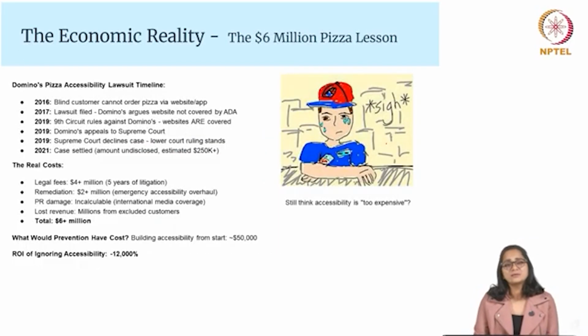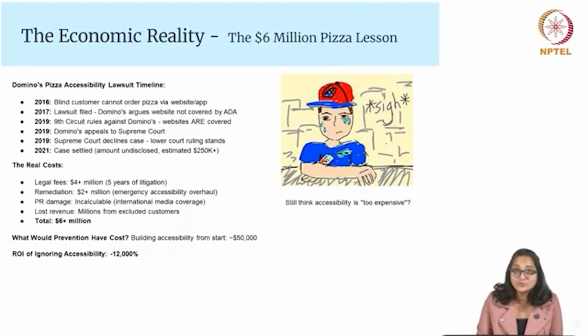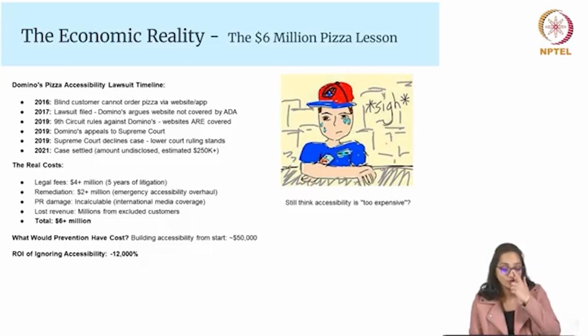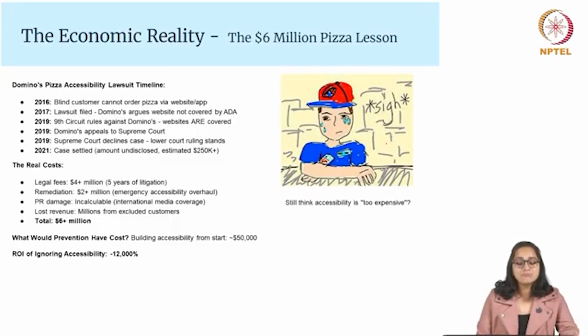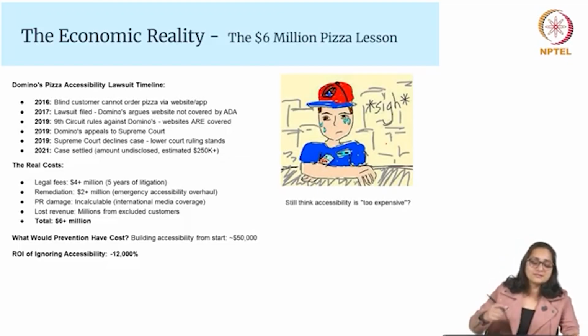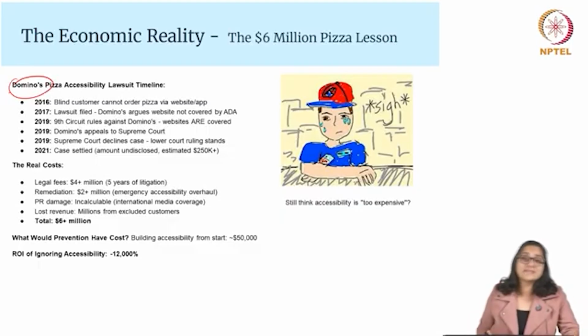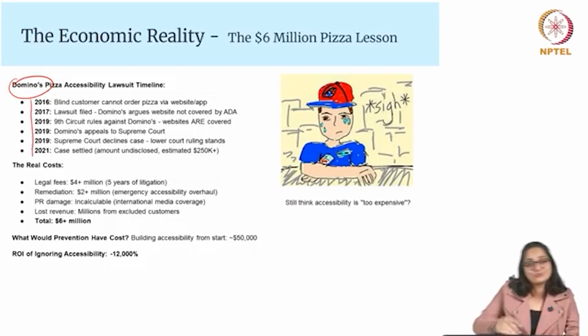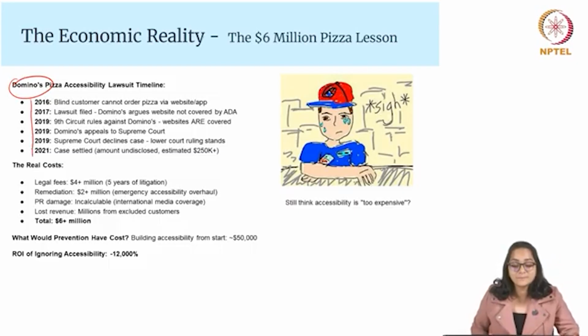So one would think, why take so much burden, right? But the economic reality is that you have to do it, otherwise it can be a big fine for your company. And there have been multiple examples to learn from, because commonly known companies like Domino's, for example, have had multiple accessibility lawsuits over a period of time.